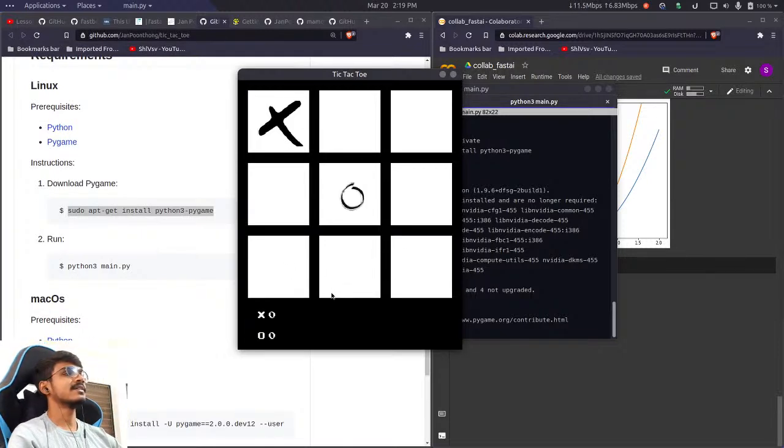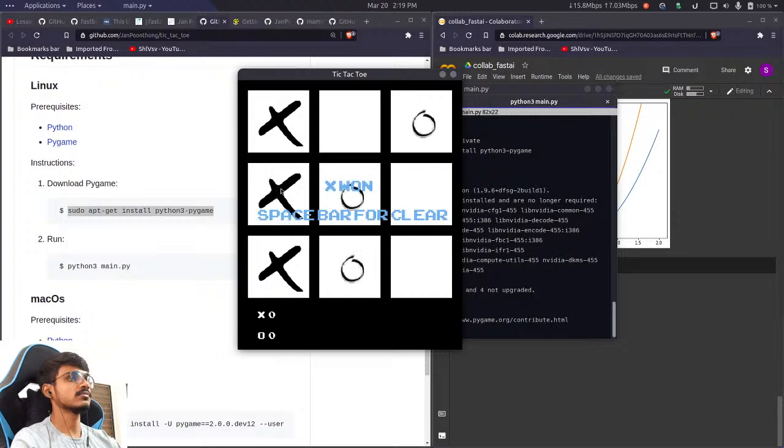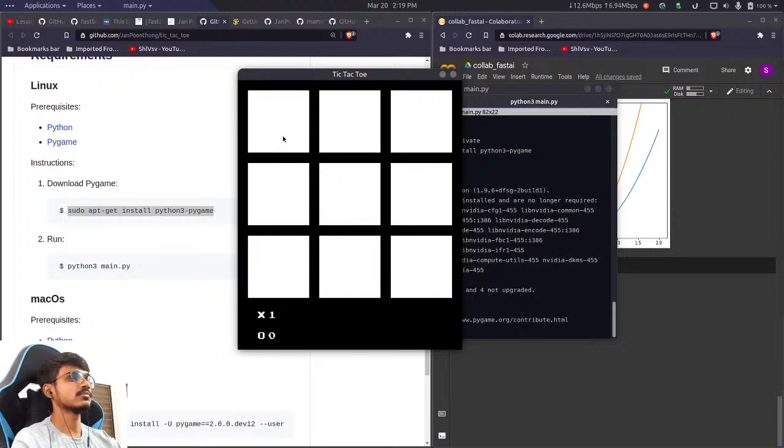Direct, it appears on the next second. Cool. Why does it start on the same block every time?